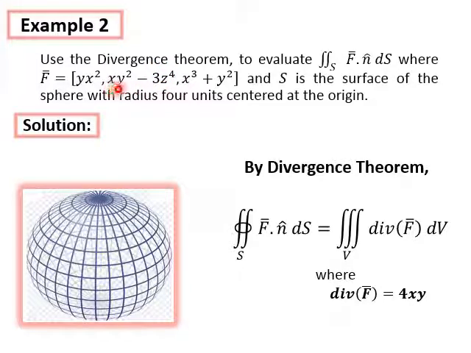Here you will get one more 2xy. So it becomes totally 4xy. Differentiating the f3 component with respect to z, there is no z component, so 0. So divergence of f bar is 4xy.